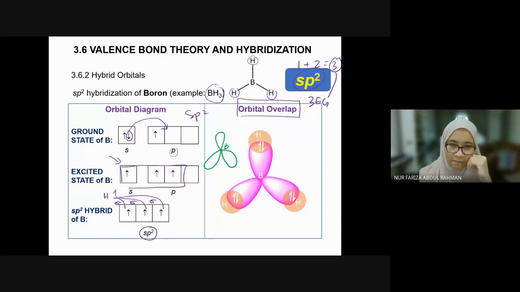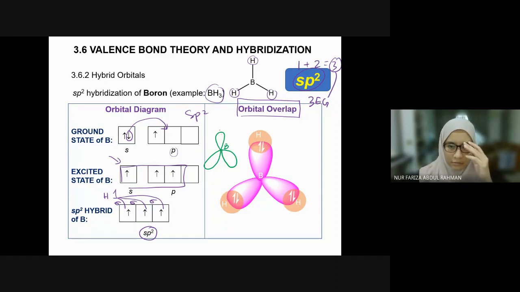Okay, this is for boron, and then it will overlap with hydrogen. So remember, for hydrogen, it should be round. The orbital should be round. You should draw the orbitals in round shape because the electron is in the s orbital.